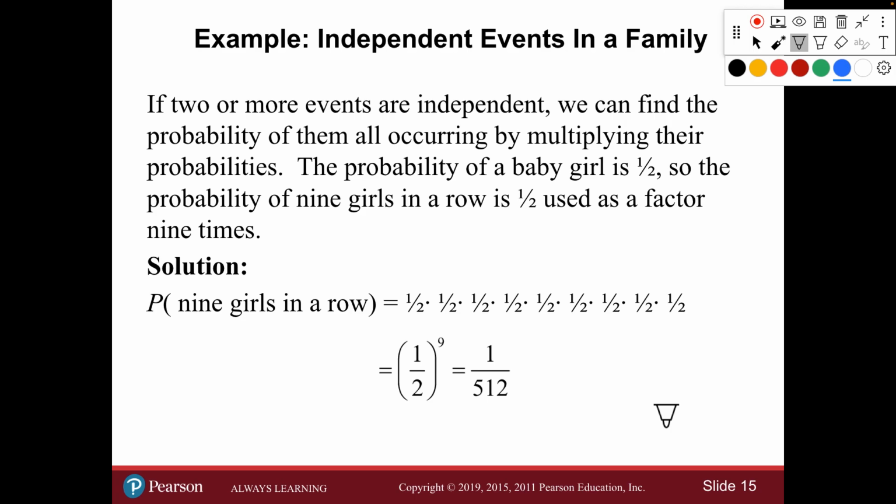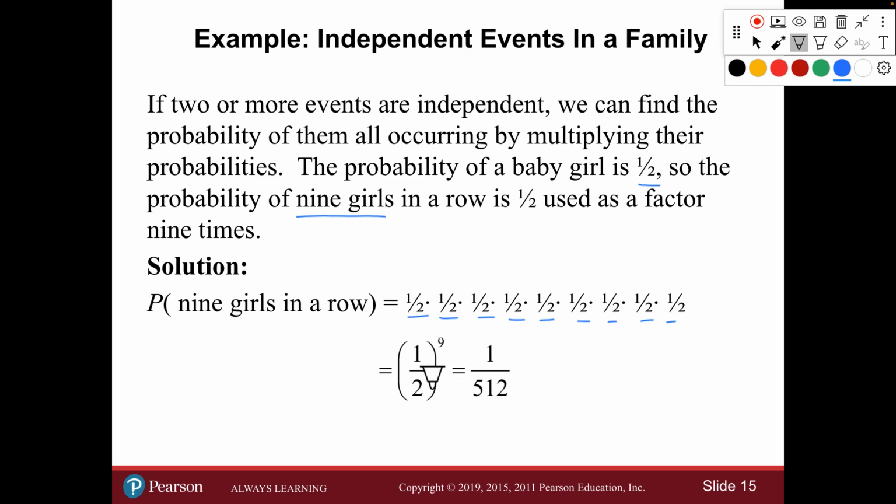Here's another example. What's the probability of a baby girl being born versus a baby boy? Well, it's about half, because it's either a girl or a boy. Not quite, it's pretty close. So the probability of getting 9 girls in a row, right? I'm going to have 9 babies, all of them being girls, would be a very small probability.